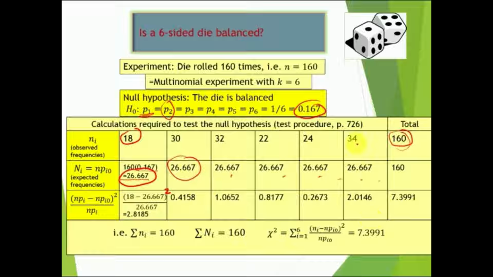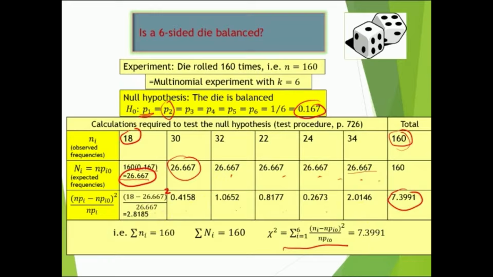Observed 34 minus expected 26.667, squared, divided by 26.667 gives you 2.0146. Now these cell values are called the cell chi-square values, and the total here is your test statistic. It's the total of your cell chi-square values. You will see in SAS, it gives you the cell chi-square values as well.